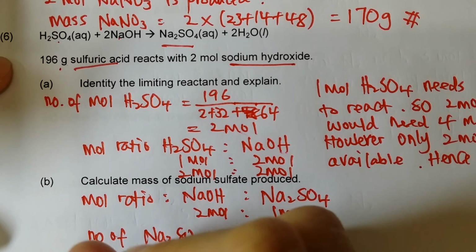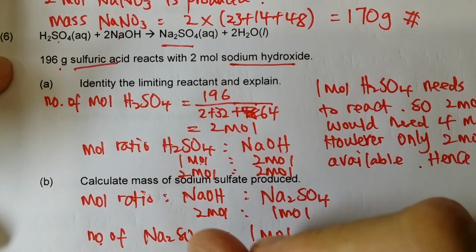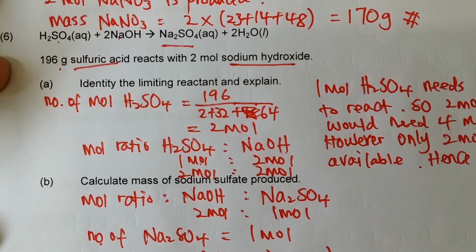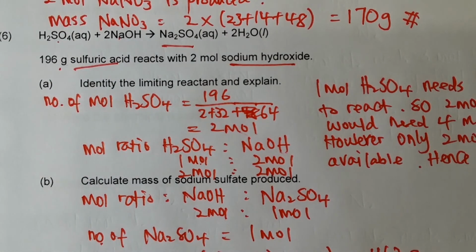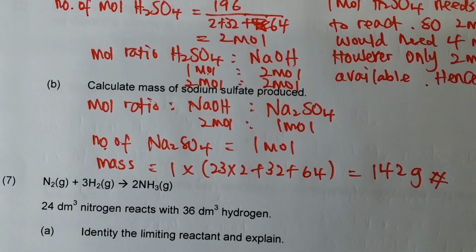And the question wants mass. Mass is 1 times the MR for Na2SO4, 23 times 2 plus 32 plus 64, and that would give you 142 gram. Okay, 142 gram. Number 6.